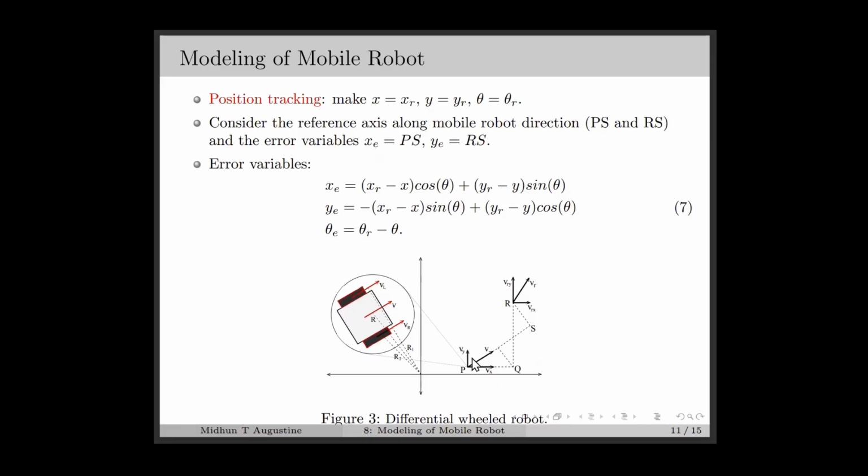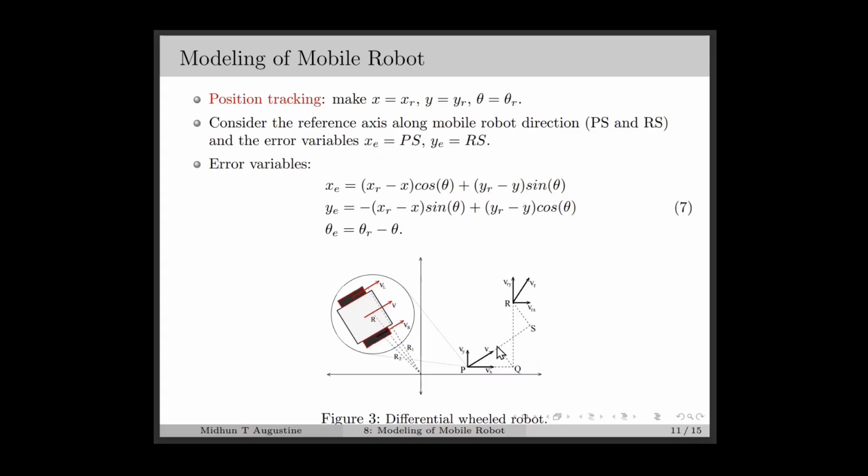Using trigonometric relations, PS will be equal to this distance plus this distance. This distance will be equal to PQ cos theta, where PQ is this distance. PQ will be equal to XR minus X, and using this, this distance will be equal to (XR minus X) cos theta.